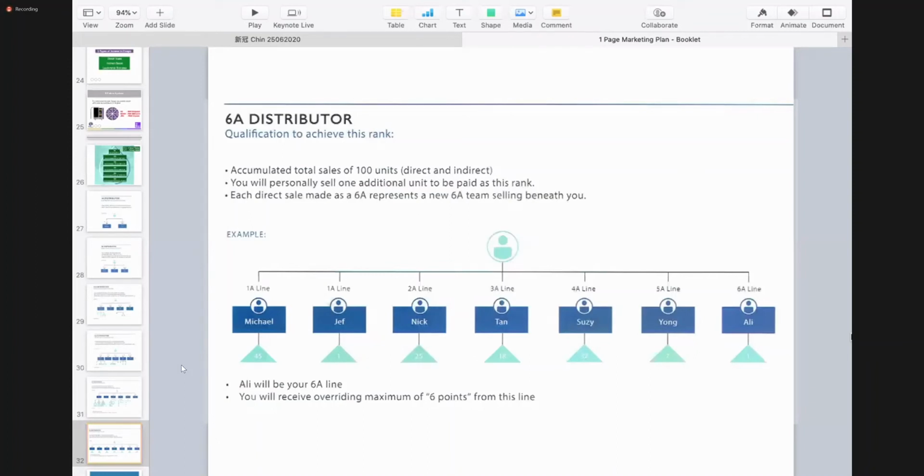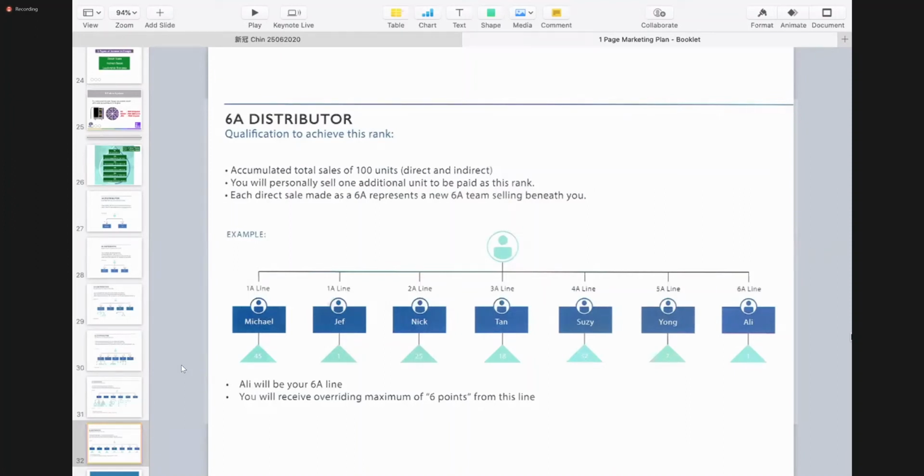Now, by the time you open up a 6A line, that means you already have 100 sales, right? How much money is there? It's about 250 to 300,000 ringgit Malaysia accumulated income. So guys, you're overseas, that is about 60 to 70,000 USD.